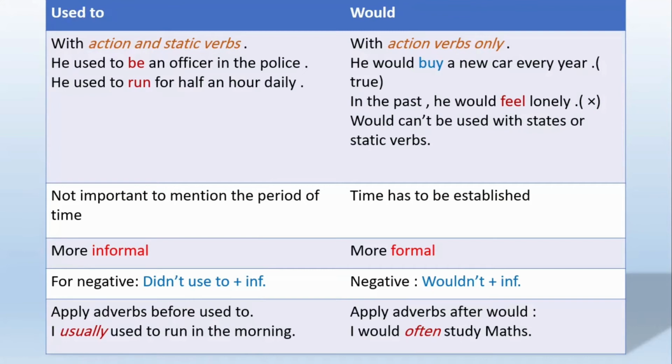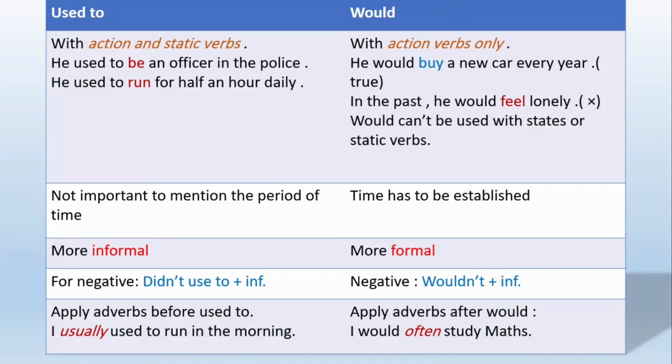First of all, as I have said before, we have two types of verbs, static verbs and action or dynamic verbs. Used to can be used with action verbs or dynamic verbs or movement verbs, and also with static verbs. No difference. Static verbs give a state of being or express an emotion, state of mind.